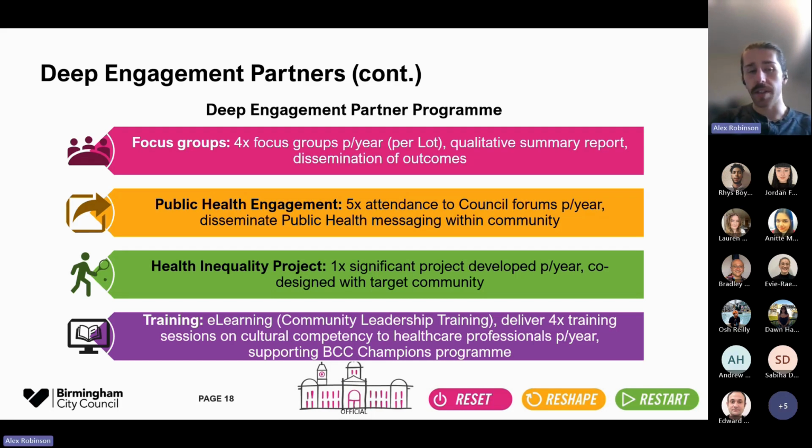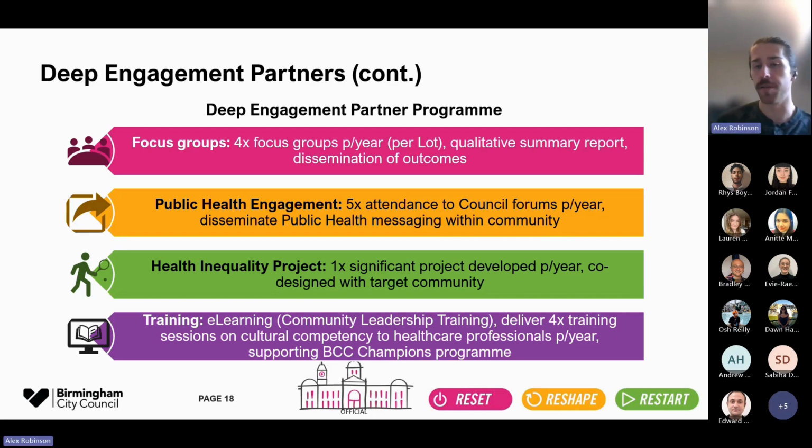In terms of what the Deep Engagement Partner activity is actually going to involve, there will be 4 focus groups per year with the communities involved. So there'll be 4 trans focus groups and 4 LGBT plus community focus groups.